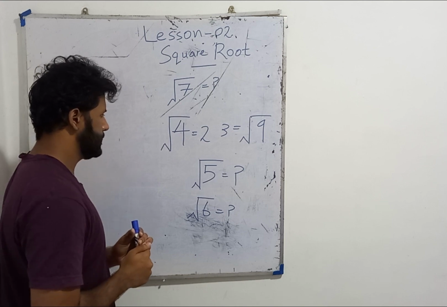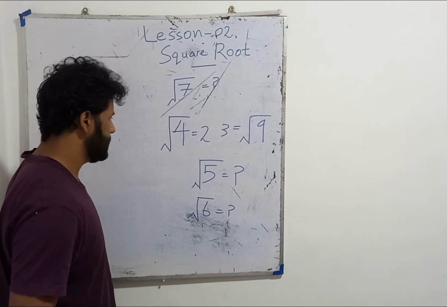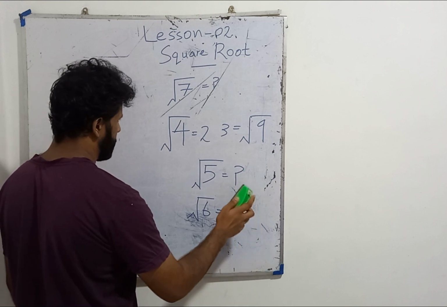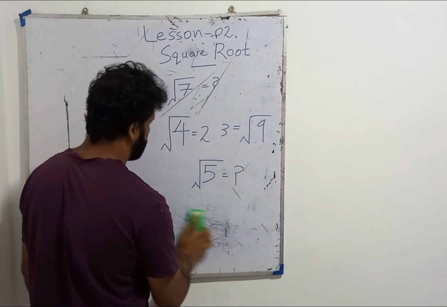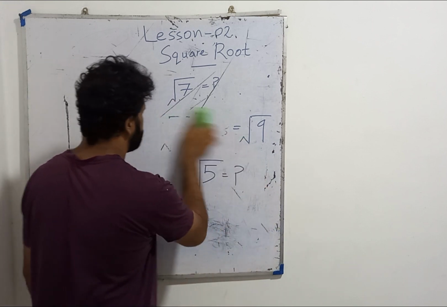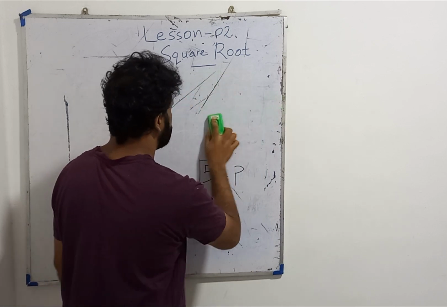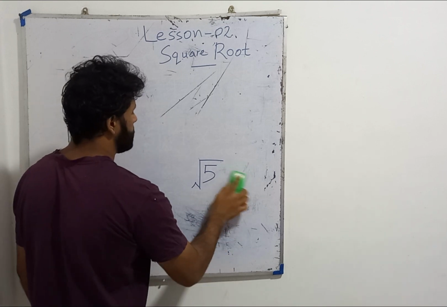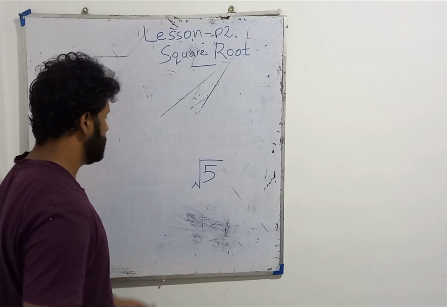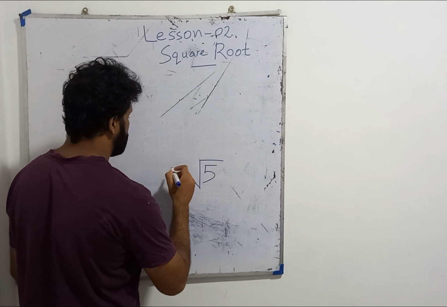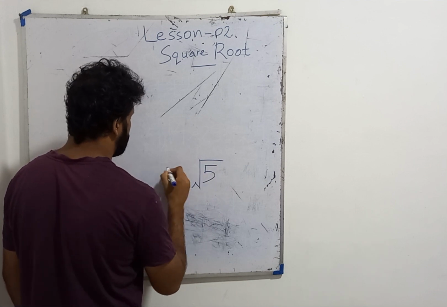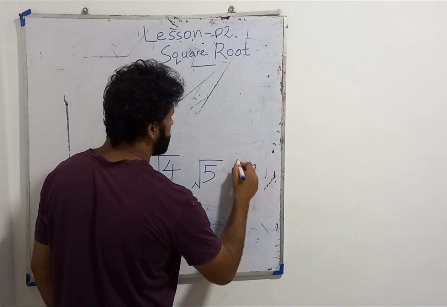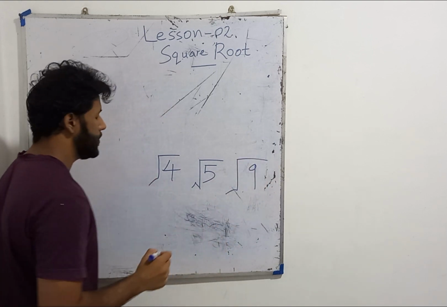Let's take 5. Square root of 5. Then square root of 4 and square root of 9, two perfect squares.